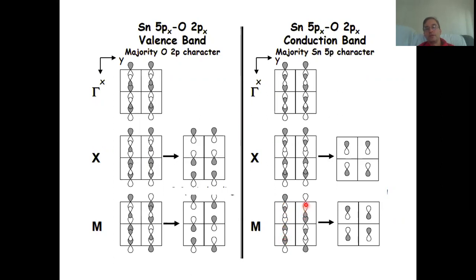Okay, same here. We have interbonding, followed by bonding, followed by interbonding, followed by bonding. So again, that crystal orbital is non-bonding, but this crystal orbital has now, again, 5p character of tin, while this one has the 2p character of oxygen.